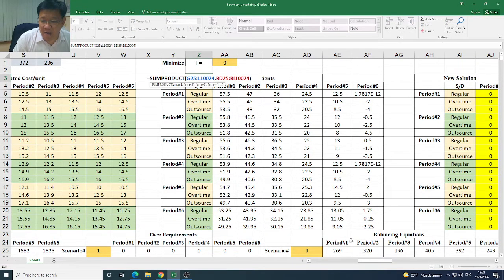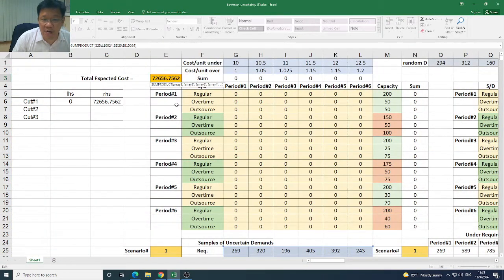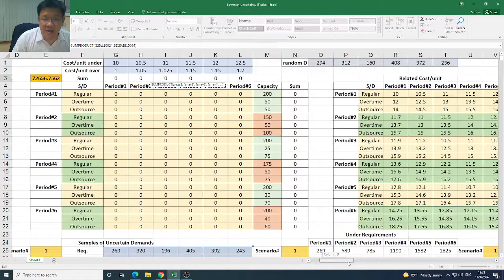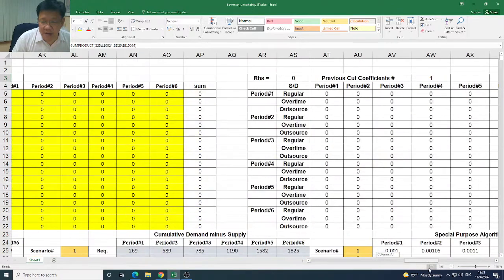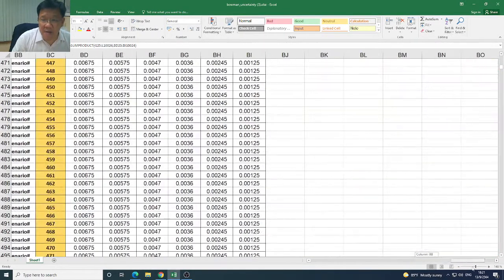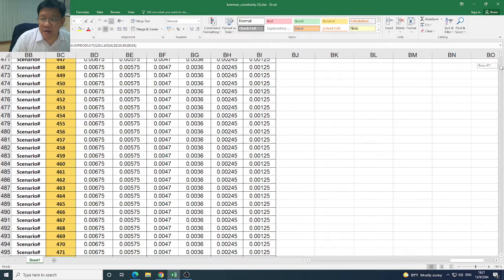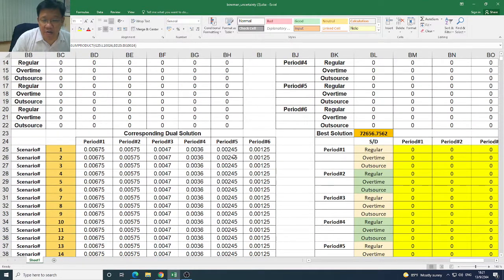You can see that they represent the same number, the primal and dual are equal here, the expected cost. So this is the right hand side, the optimum corresponding dual solution.